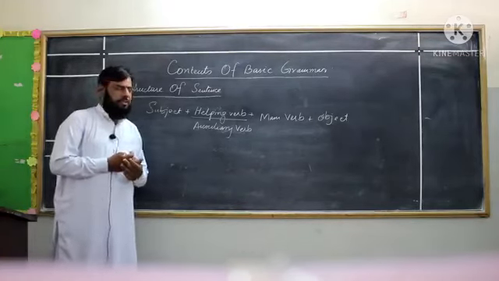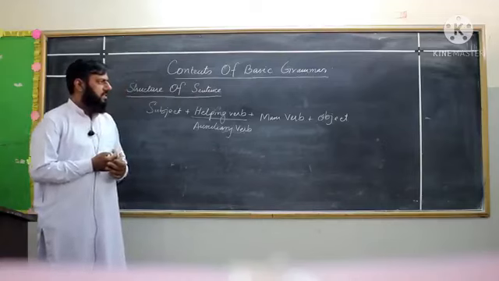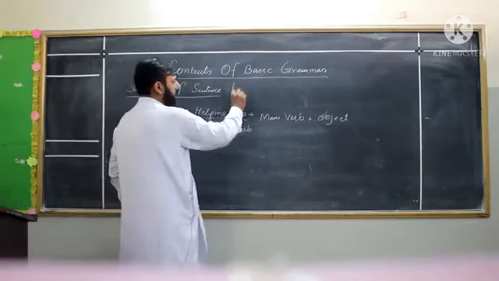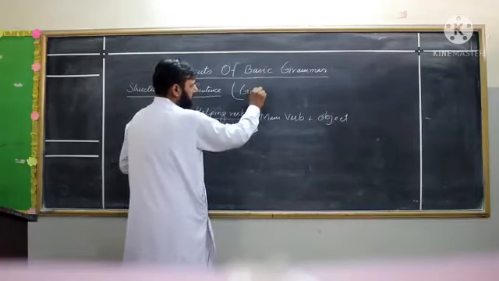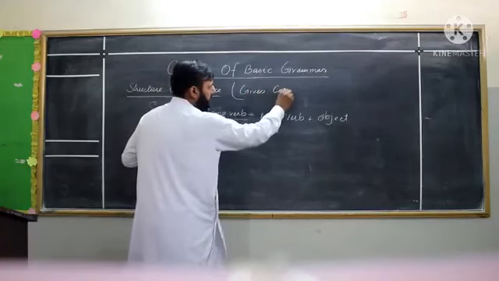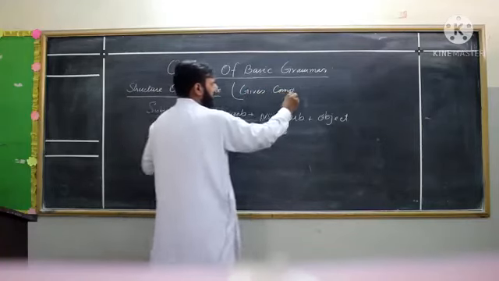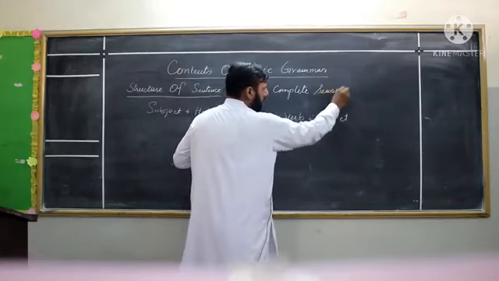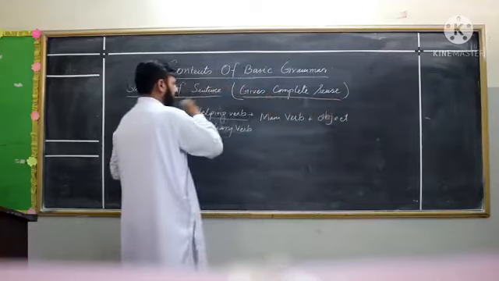As far as the definition of a sentence is concerned, it is very simple. The sentence which gives complete sense is called a sentence. This is the proper definition of a sentence.